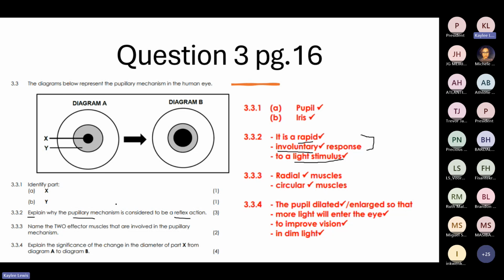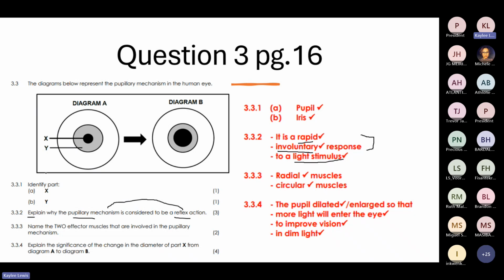But you need to link it to why the pupillary mechanism is a reflex action. And that's because it's a rapid involuntary response to a light stimulus. And that will get you your 3rd mark. So cause and effect for this one. Right.